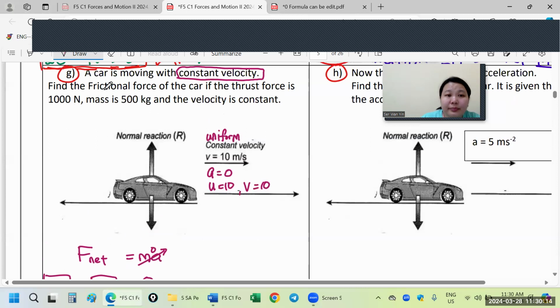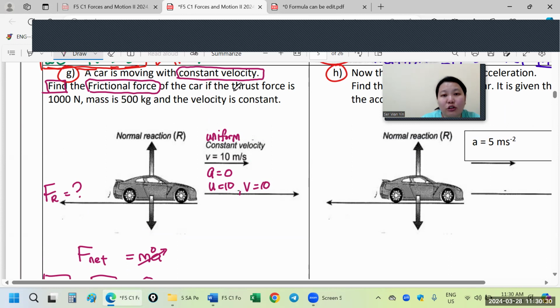Now continue. Find the frictional force. So Fr equals question mark. They want to find Fr, so we always mark the unknown with a question mark.